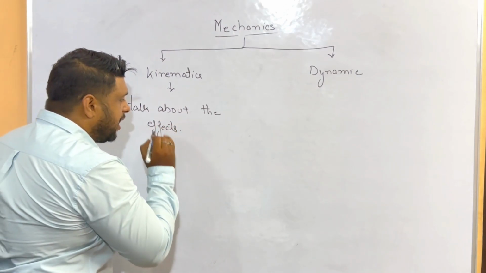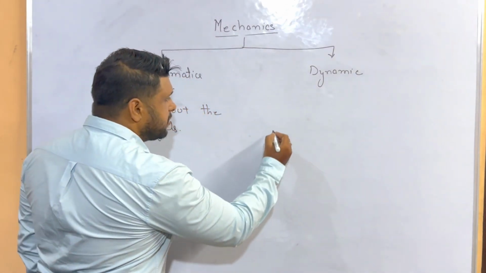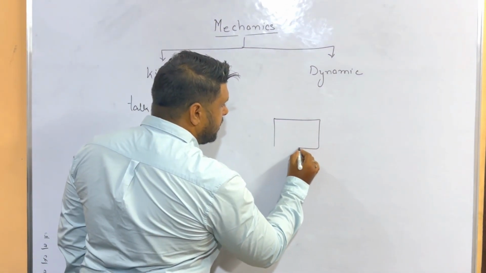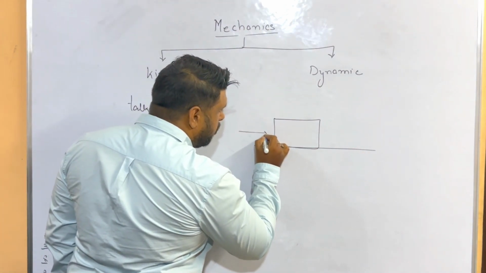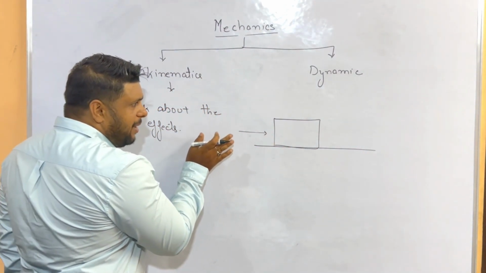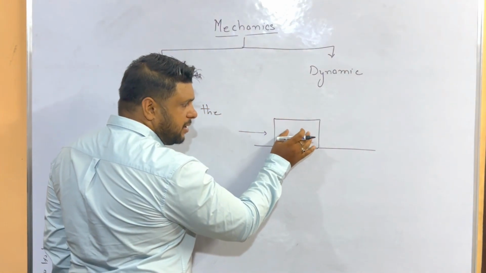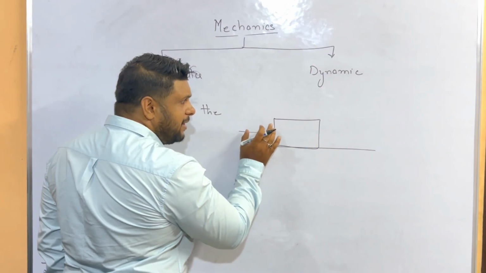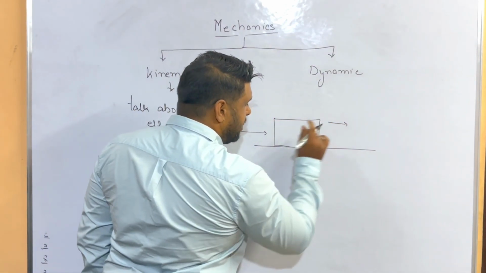By effects, I think it is clear to everyone now. Suppose a box is present like this on a surface. Now I am applying a force from this direction. If my force is greater than the opposing force, then this box will start moving in the direction of the force.